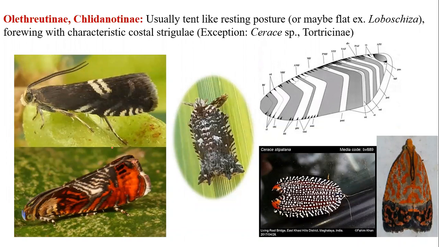However, these two subfamilies can easily be differentiated from other groups of Tortricidae and other groups of Lepidopterans based on their characteristic markings, which are found on their forewing costal margin.